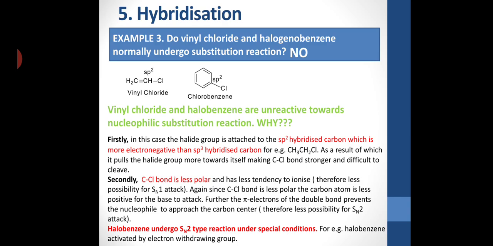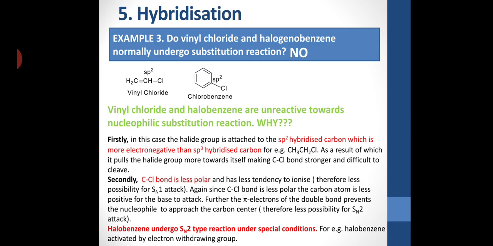Secondly, CCl bond is less polar because of less difference in electronegativity between the carbon and the Cl group. So, nucleophile finds it difficult to attack the carbon center from back.